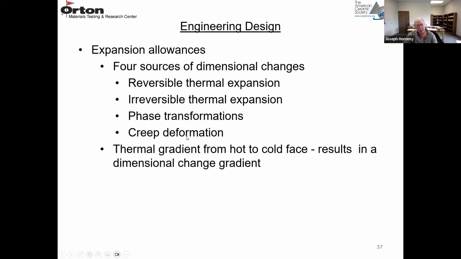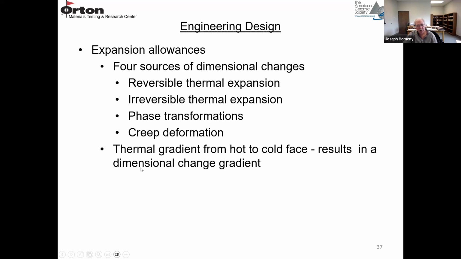And then I mentioned creep. Creep would be permanent deformation. If the temperature is high enough, creep will take place. So there's something to keep in mind. There's a thermal gradient from the hot to the cold phase, so the temperature isn't constant across the refractory lining.